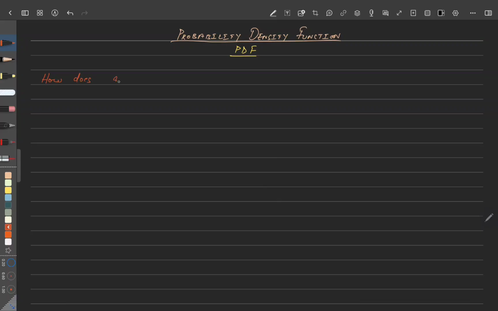How does a PDF look like? So this is f of x and this is x. Let us draw the curve of the function.